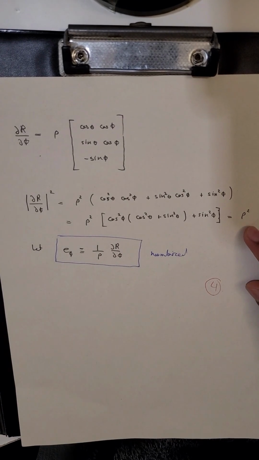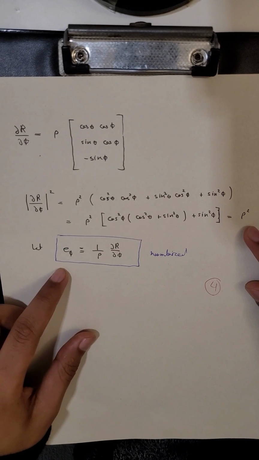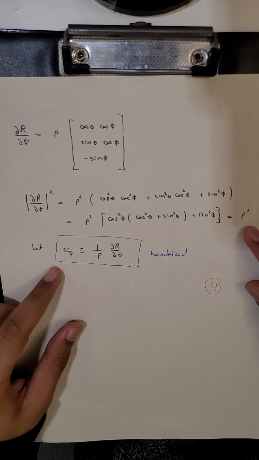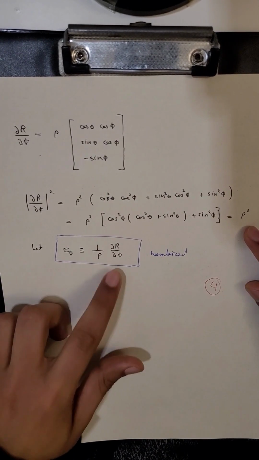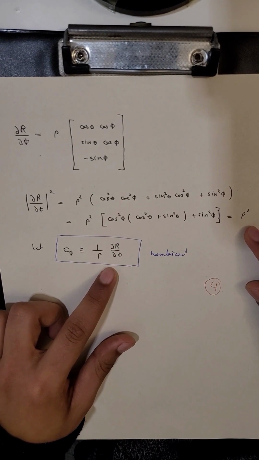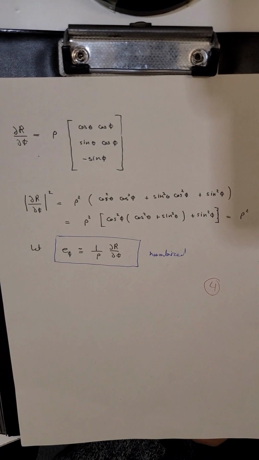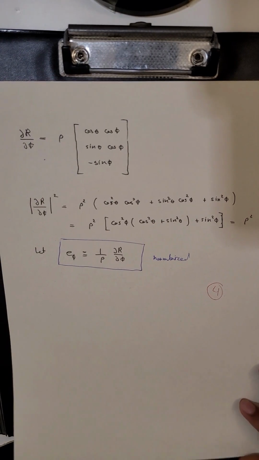So to normalize, again, we divide by rho, so the basis vector in the direction of phi is 1 over rho times partial r, partial phi. So now we defined the basis vectors for spherical coordinates.